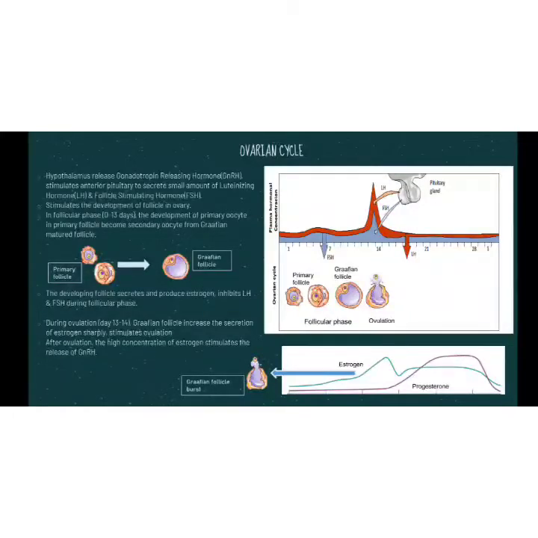After ovulation, a high concentration of estrogen stimulates the release of GnRH. Okay, GnRH stimulates the anterior pituitary to secrete high levels of LH and FSH.